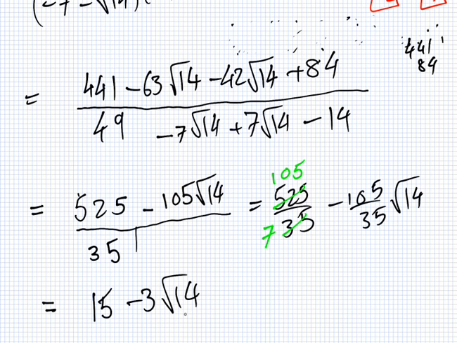So this is minus 63 plus 6 root 14 over minus 7 minus root 14. So the conjugate would be minus 7 plus root 14, and minus 7 plus root 14.